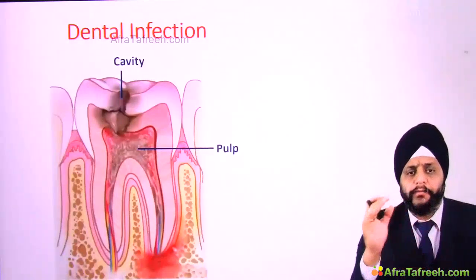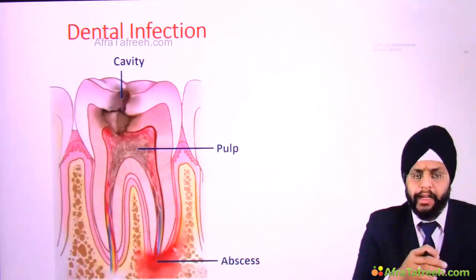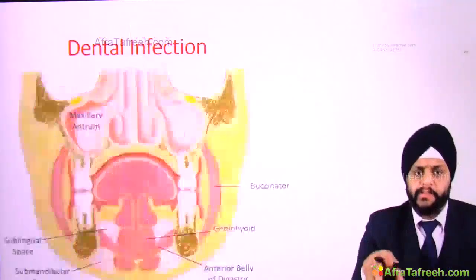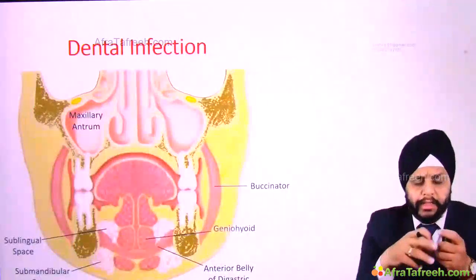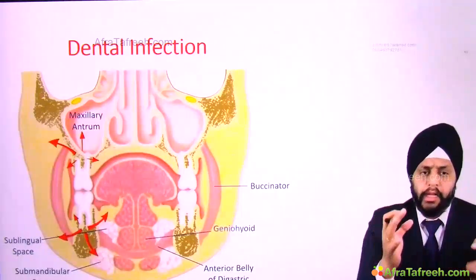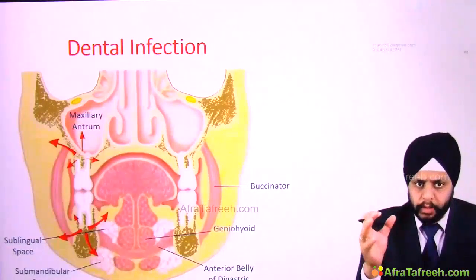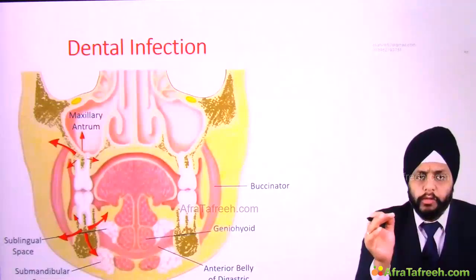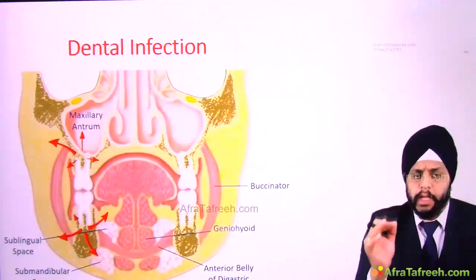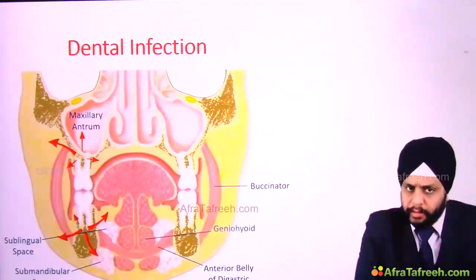Thereafter it forms an abscess, known as a periapical abscess. This can further spread and form different kinds of abscess. So the most common source for these deep neck space infections or abscesses is dental infection.